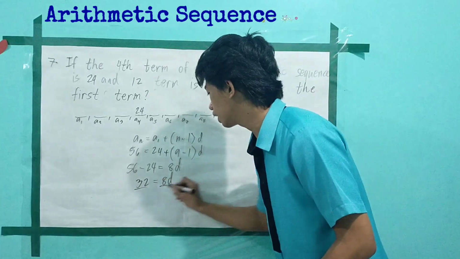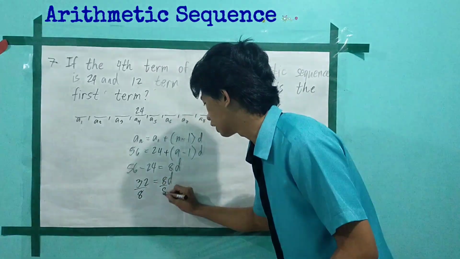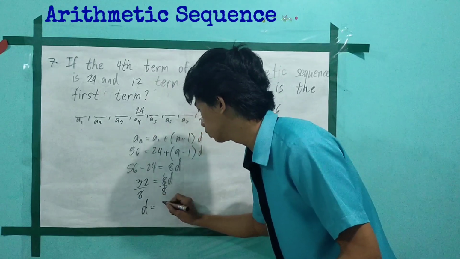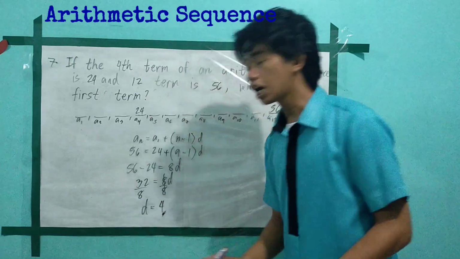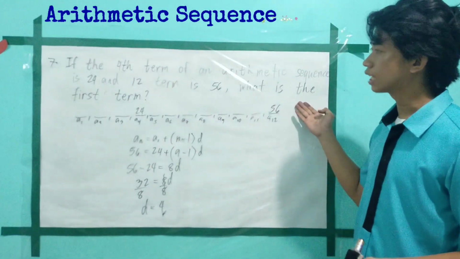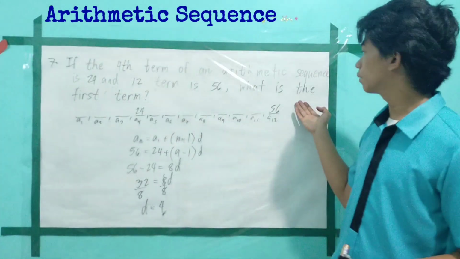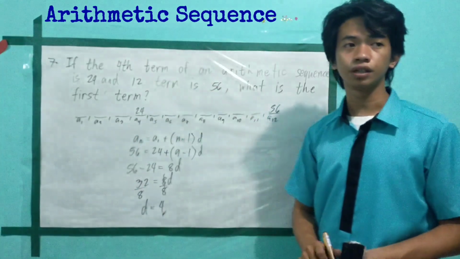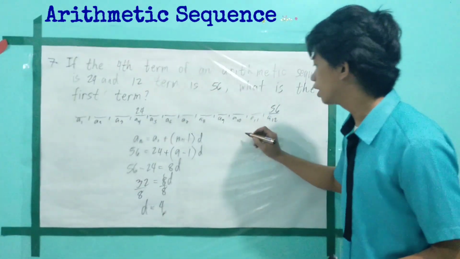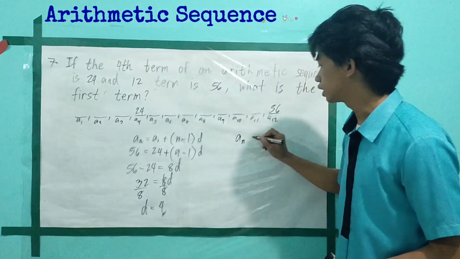Divide both sides by 8. So, the common difference is equal to 4. Now, nahanap na natin yung common difference, pero ang tanong sa ating problem number 7 is, what is the first term? So, gagamitin na naman natin yung ating formula sa arithmetic sequence.